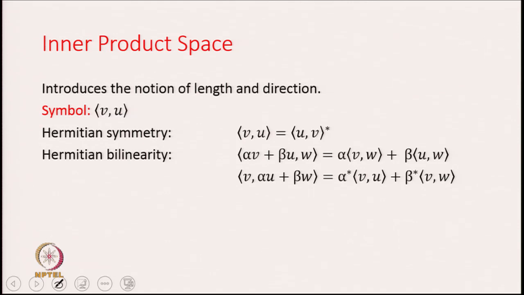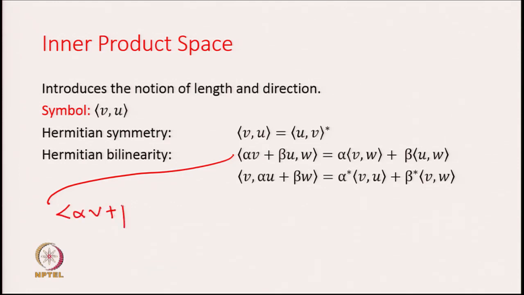Second is Hermitian bilinearity must be satisfied. What is Hermitian bilinearity? It is a little bit difficult, so let me write. The first condition is: if I am taking the inner product of vector alpha v plus beta u, where alpha and beta are scalars and v and u are vectors, with a vector w, then first of all linearity must be satisfied. So, what will happen because of linearity?